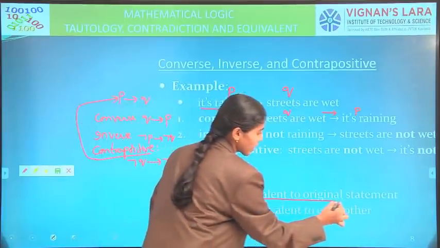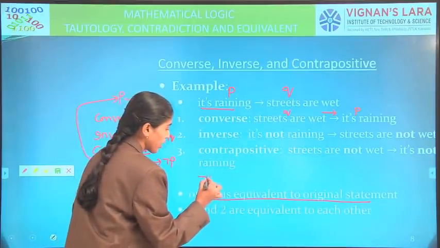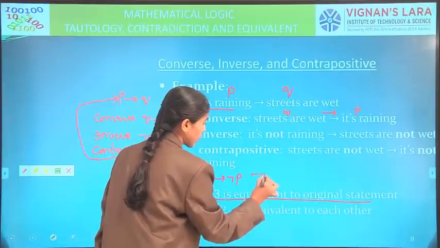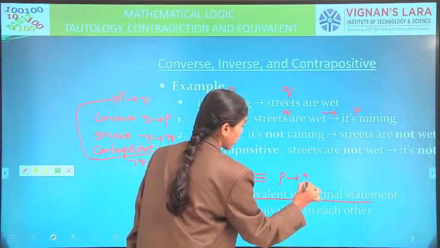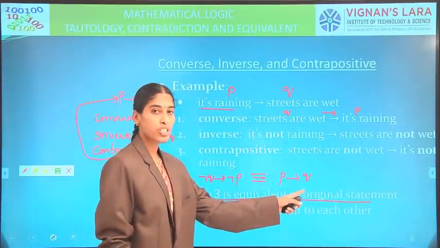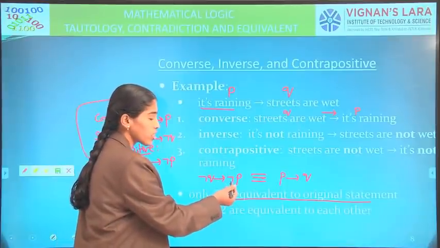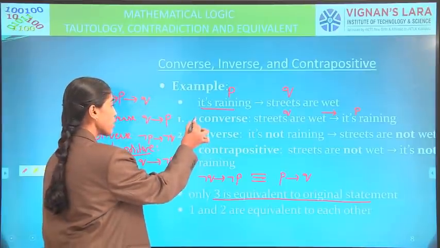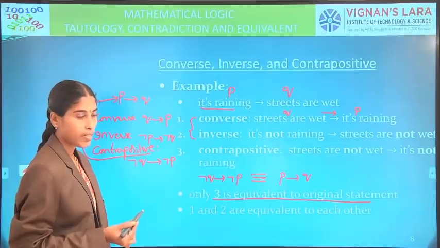Negation Q conditional negation P is equivalent to P conditional Q. So whenever we say P conditional Q, it is enough to say negation Q conditional negation P. Also converse and inverse are equivalent.